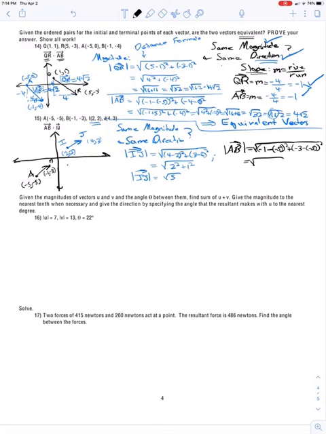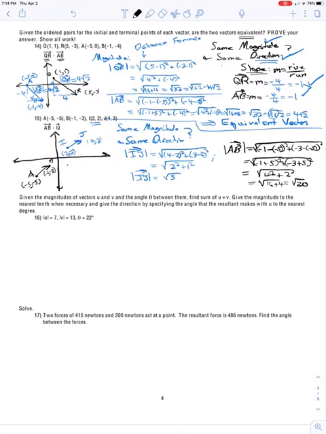We simplify: -1 minus -5, that's -1 plus 5, squared, plus -3 minus -5, that's plus 5, squared. So we simplify, we get the square root of 4 squared plus 2 squared, which is the square root of 16 plus 4, which is the square root of 20.